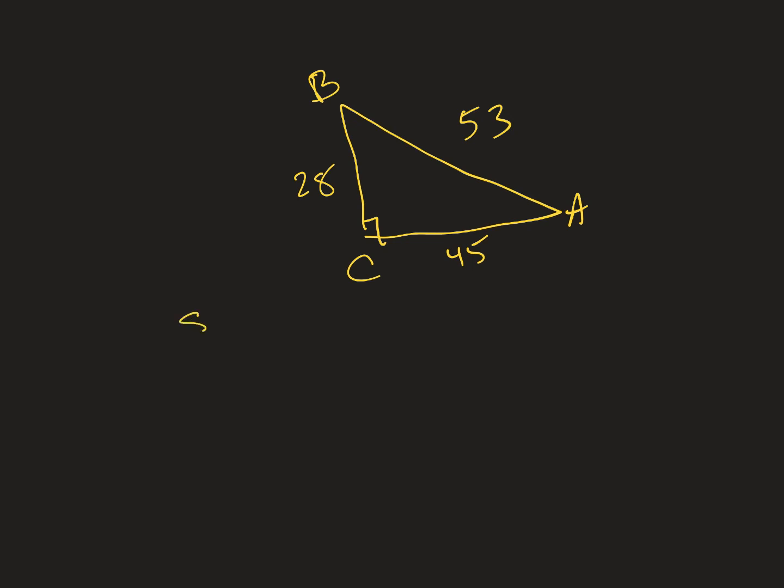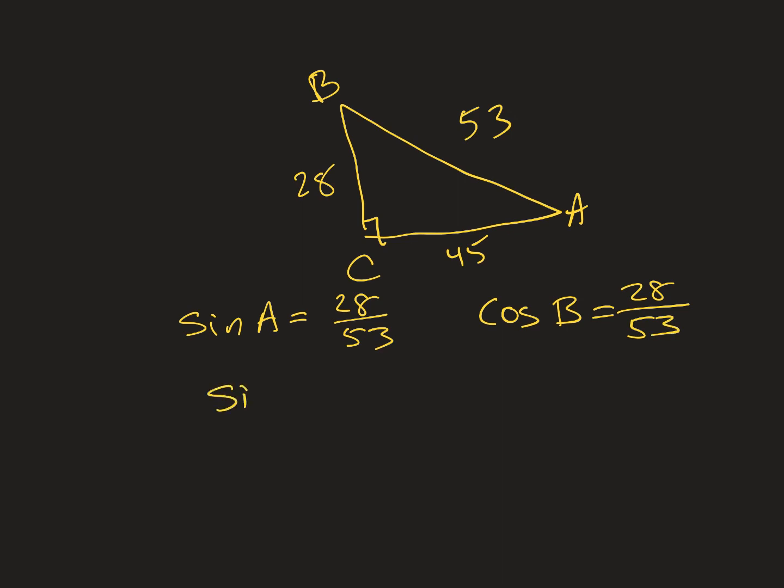When we found that sine of A was 28 over 53, interestingly, though when we really think about it, it's not that surprising, it is equal to cosine of B. And we also found that sine of B, 45/53, is equal to the cosine of A, which was also 45/53.